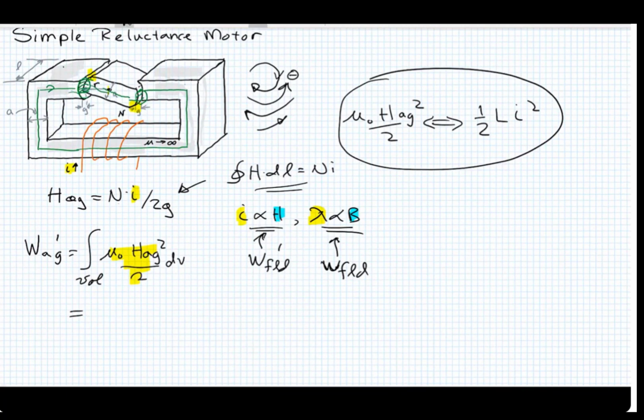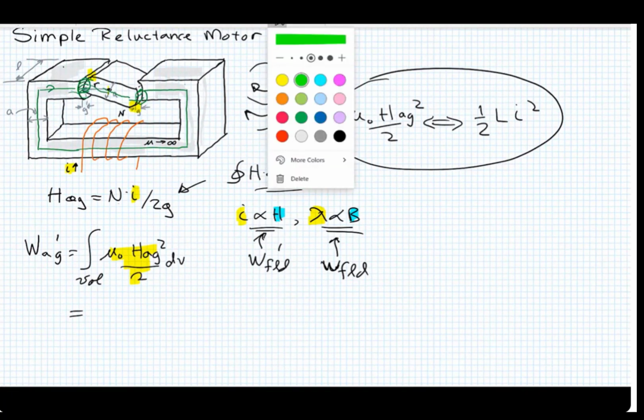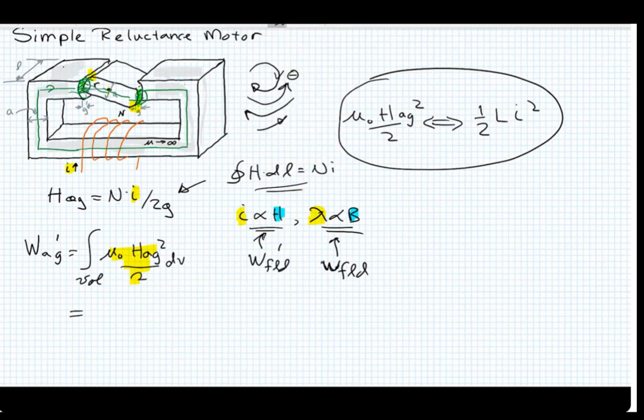So if you were to imagine this little cross-sectional area here, and then this is the width of the gap there. We're really talking about the volume that the flux is occupying in the air gap, the total volume.